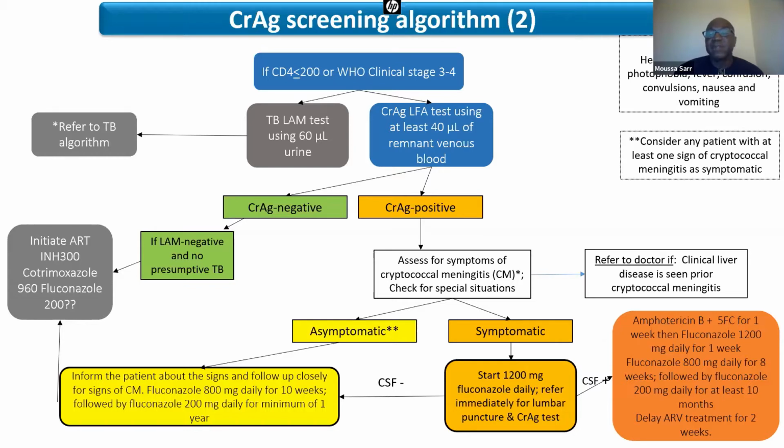For those who are positive, we'll put them on amphotericin B plus 5-FC for 1 week, then fluconazole 1,200 milligram daily for a week, and then fluconazole 800 milligram daily for 8 weeks, followed by fluconazole 200 milligram daily for at least 10 months. To mention also that we're going to delay antiretroviral treatment initially for 2 weeks for those patients.